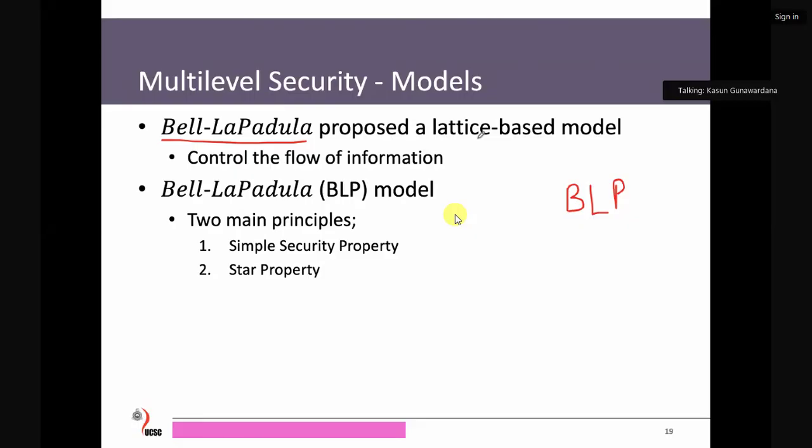It is a lattice-based model. A lattice is an abstract structure studied in the mathematical subdisciplines of order theory and abstract algebra.